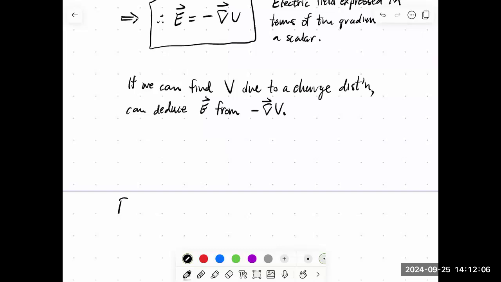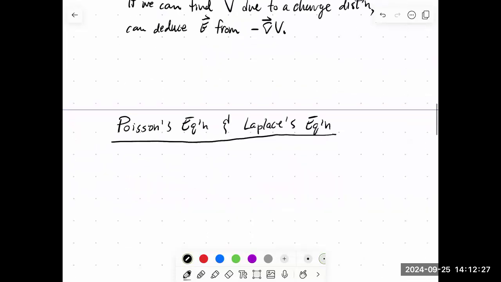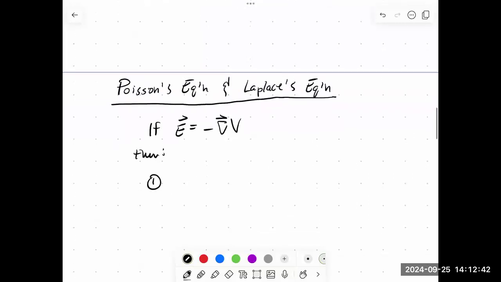Okay, so that's going to lead us to Poisson's equation and Laplace's equation. We already know that there is a Laplacian, so we're going to assume that Laplace's equation involves the Laplacian, and it will. So if E is equal to minus the gradient of V, then we can take the divergence of E, which is equal to rho over epsilon naught.